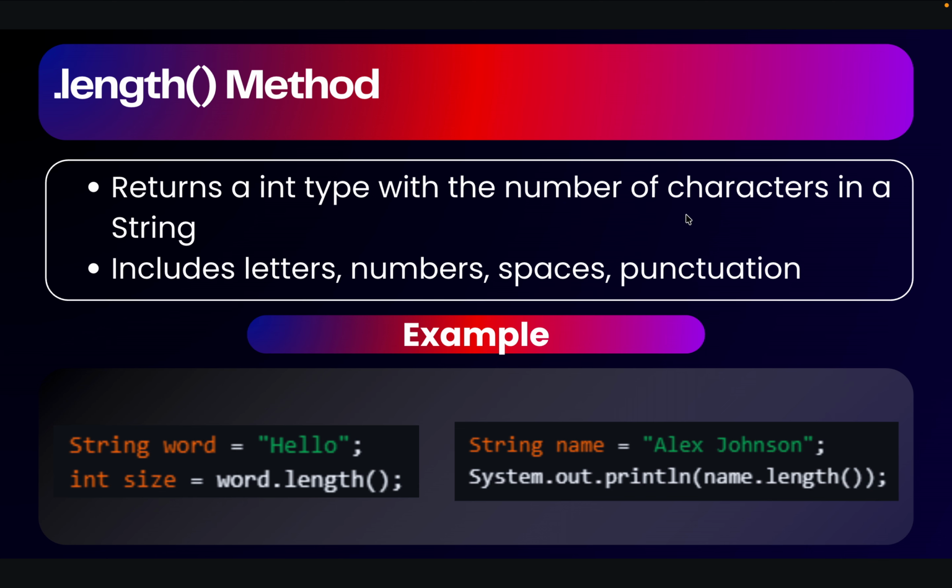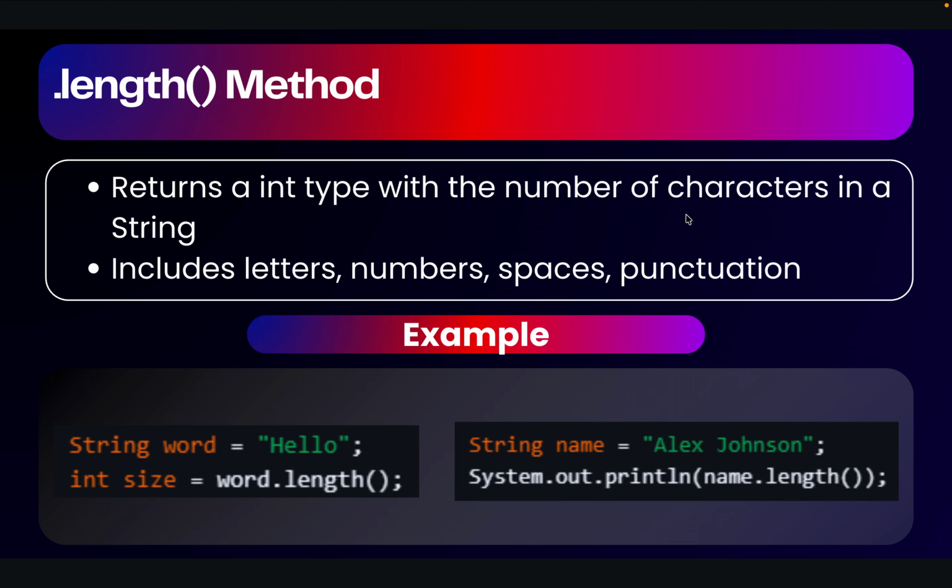So if you take a look at the examples we have here, you see the first example, we have a variable word that's holding hello. The second one, we have a variable name holding Alex Johnson. In both examples, we're using .length.